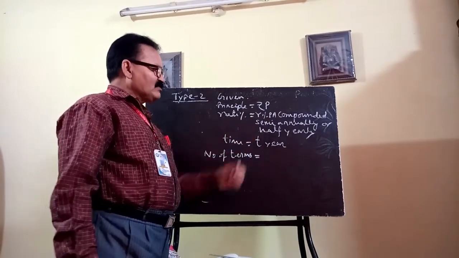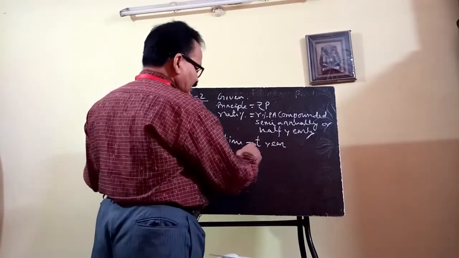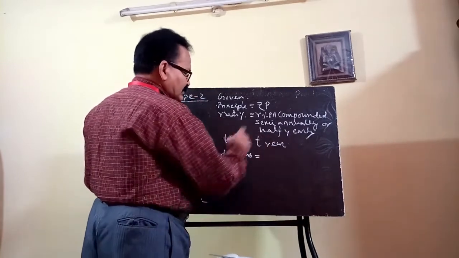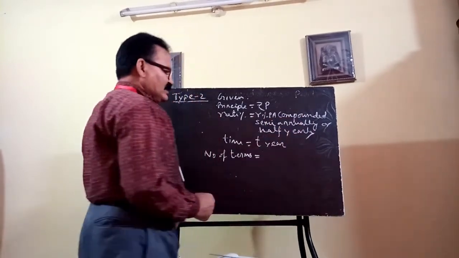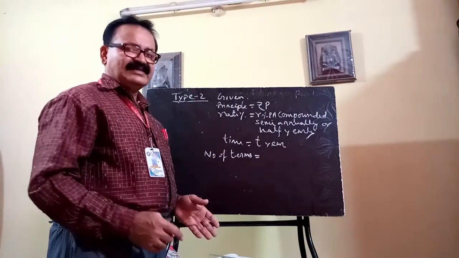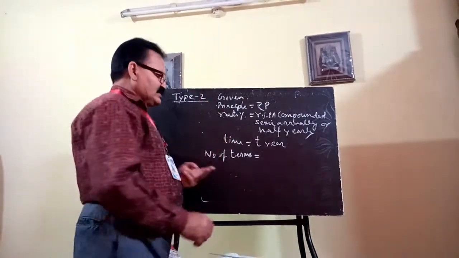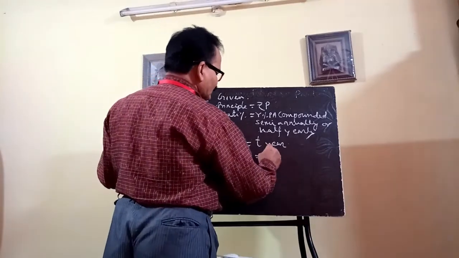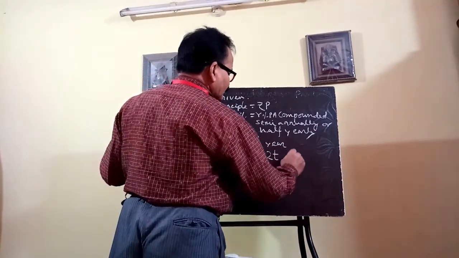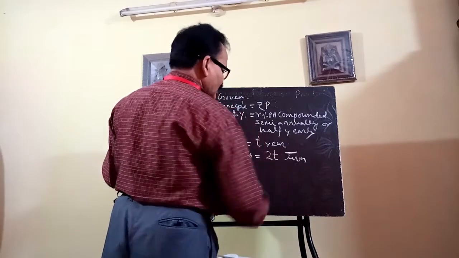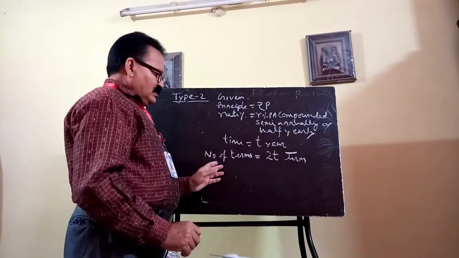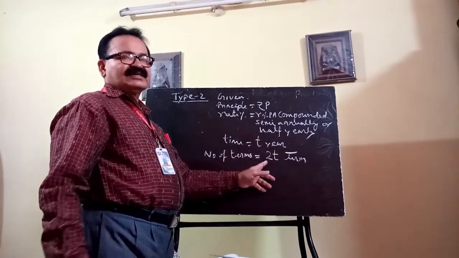If it is compounded half yearly, say time is given in T years, since it is compounded half yearly, in every year your interest calculation will be 2 times. So the number of terms will be 2T terms.